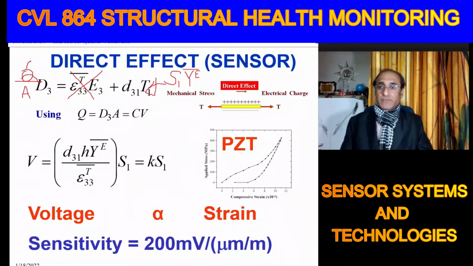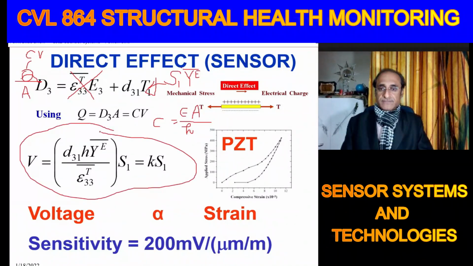So substitute this by C into V. C is the capacitance, and what is the capacitance of a parallel plate capacitor? You know that it's basically given by the electric permittivity of the material, epsilon, times the area, divided by the height. So you just input this, and you will be able to derive this particular equation.